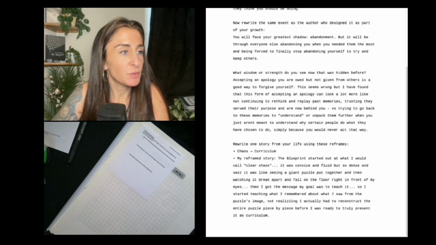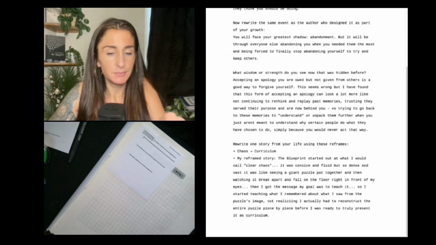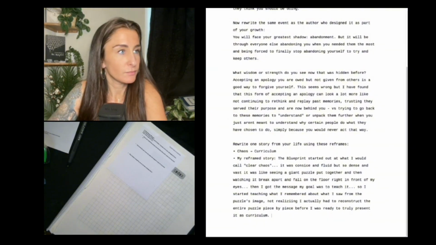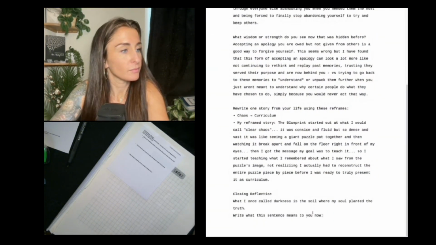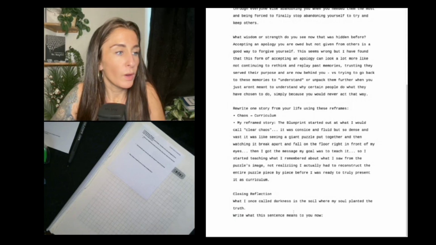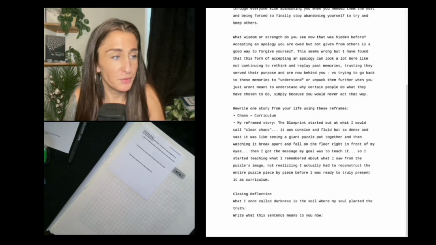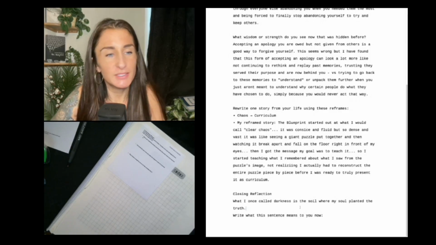And then the last one is the closing reflection. What I once called darkness is the soil where my soul planted the truth. Write what this sentence means to you now.